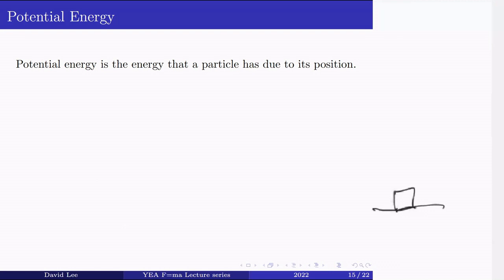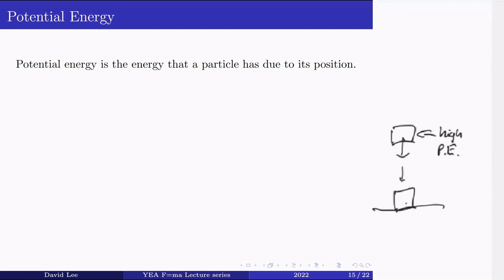Right now it's on the ground, but maybe if it's up here, well, it's higher up. Gravity can do work on it and bring it back to the ground if we drop it. And so what this means is that this block right here is going to have a higher potential energy because it has the potential to convert that potential energy into kinetic energy. That's why it's called potential energy, I guess.